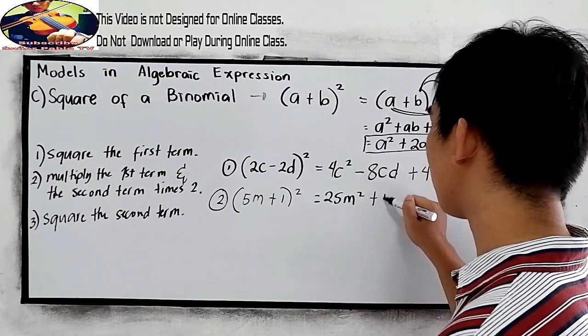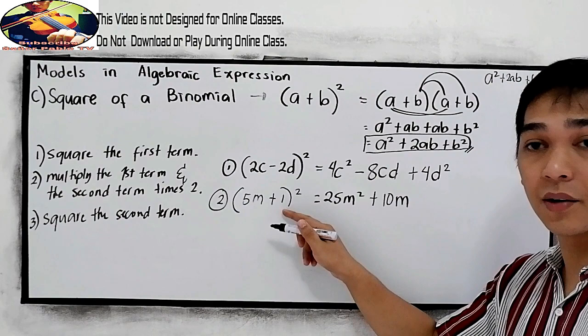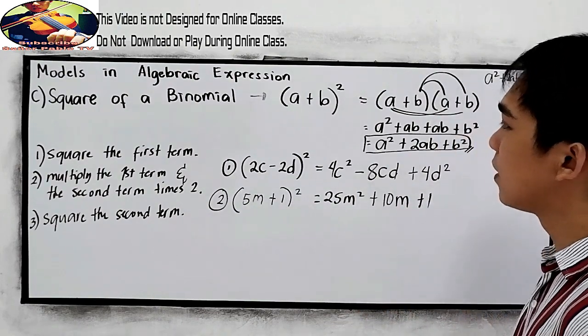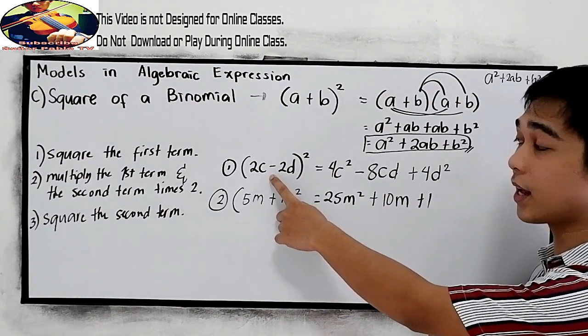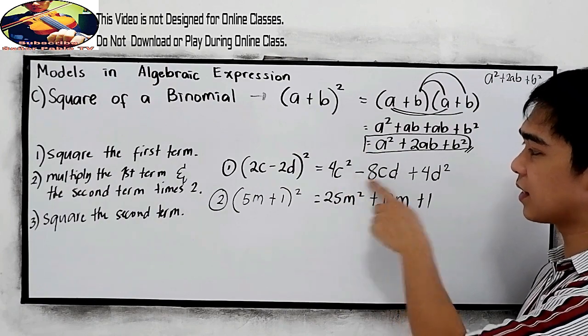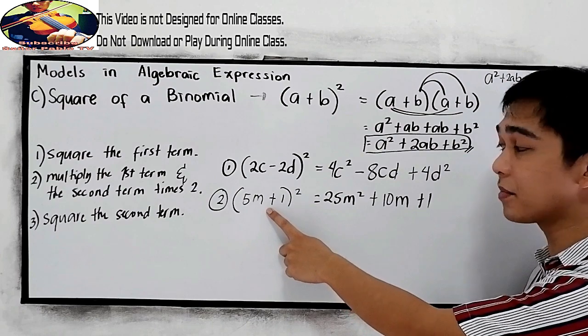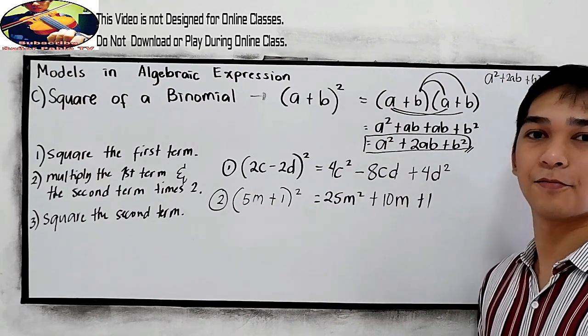So positive 10m. Then square the second term, 1 times 1 is positive 1. So notice in our sign, if we have a minus sign in our binomial, our pattern is positive, negative, positive. We have a positive sign for the binomial, so all our terms are positive.